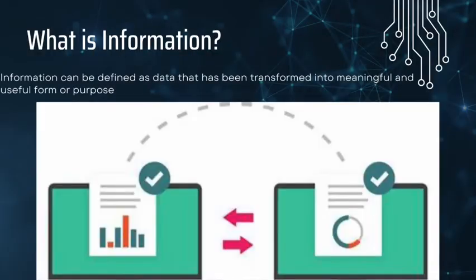Now, what then is information? Information can be defined as data that has been transformed into a meaningful and useful form for specific purposes. I come again. Information can be defined as data that has been transformed into a useful form for specific purposes.